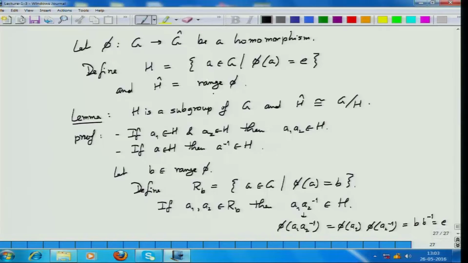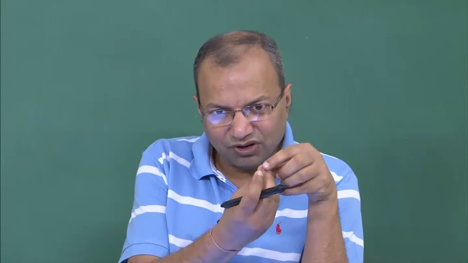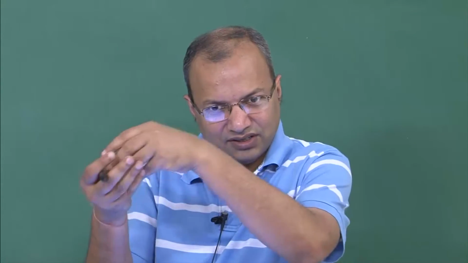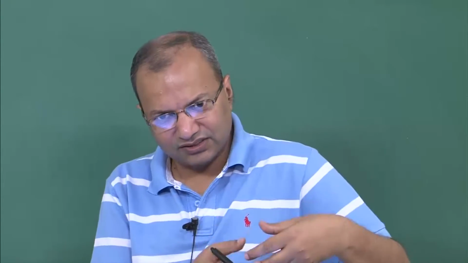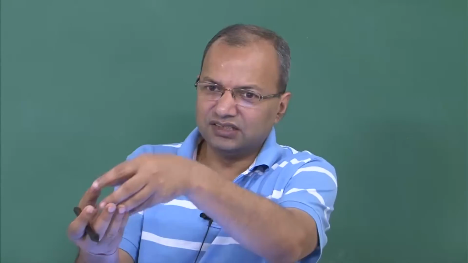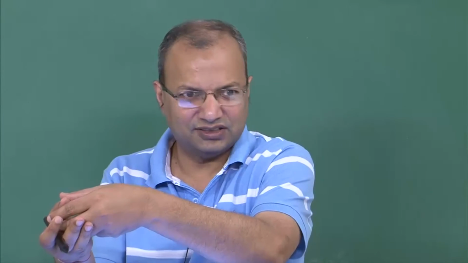And therefore, the range of phi, which is H hat, is an image of G slash H. Each equivalence class is represented by one element of H hat, and again, because phi is a homomorphism, the operation on equivalence classes on the G side is mimicked by the operation on elements of H hat on the G hat side.